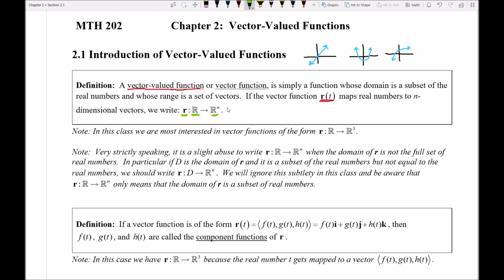We know that vectors can come in 2 components or 3 components or maybe even more. So specifically in our class, we're going to be dealing with functions like R that have real number inputs, but typically are going to be spitting out vectors with 3 components.